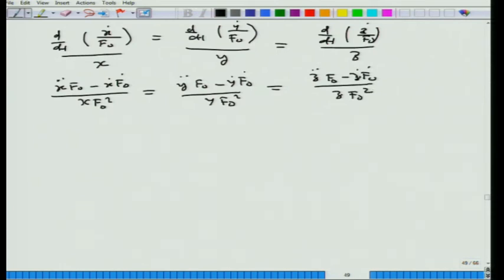So, simplifying this, solving it for x over y, we get x double dot f0 minus x dot f0 dot, over y double dot f0 minus y dot f0 dot, is x over y.